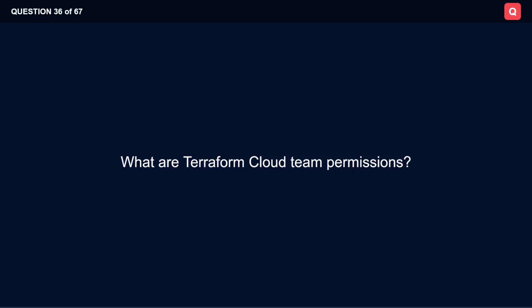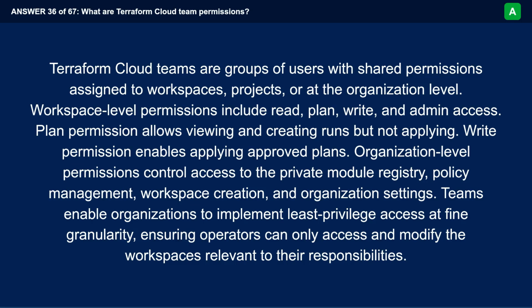What are Terraform Cloud team permissions? Terraform Cloud teams are groups of users with shared permissions assigned to workspaces, projects, or at the organization level. Workspace-level permissions include read, plan, write, and admin access. Plan permission allows viewing and creating runs but not applying.